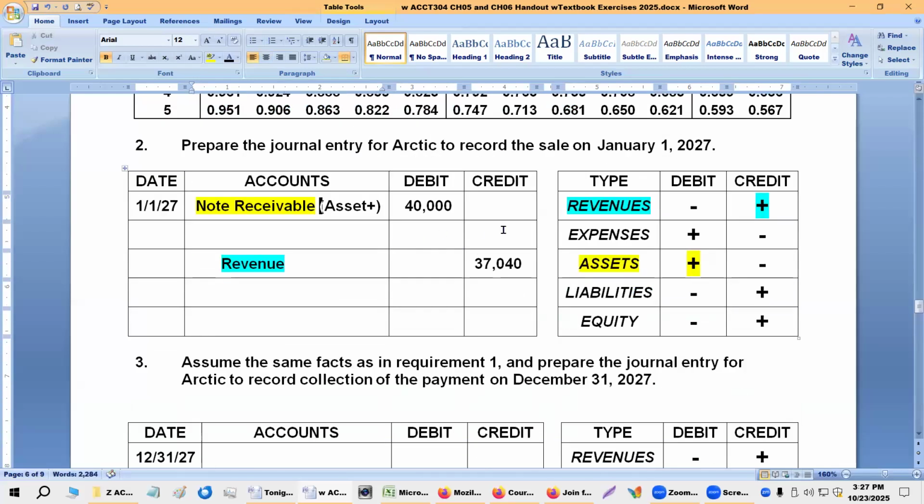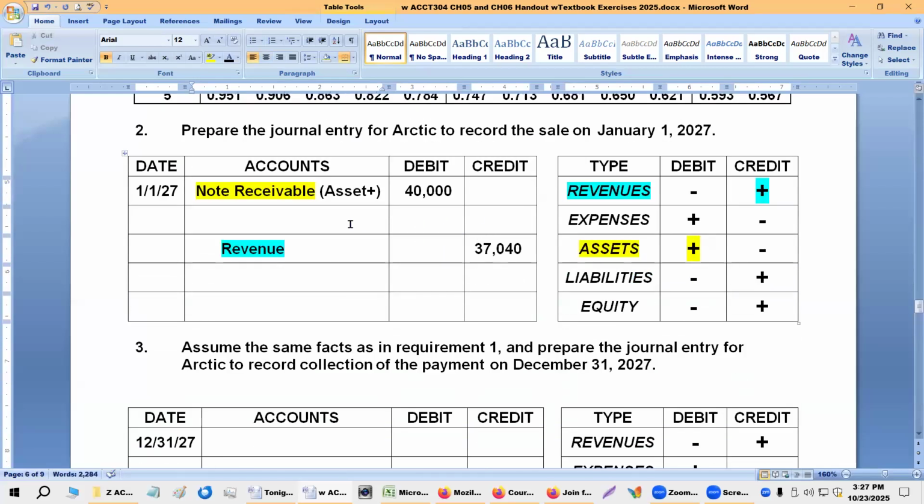A little wiggling around there. All right, and we don't have this thing balancing. We need $2,960 to make this balance.